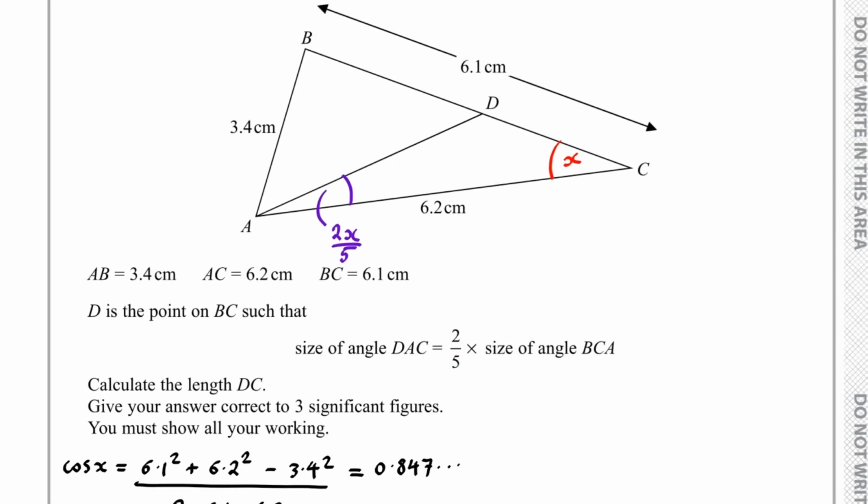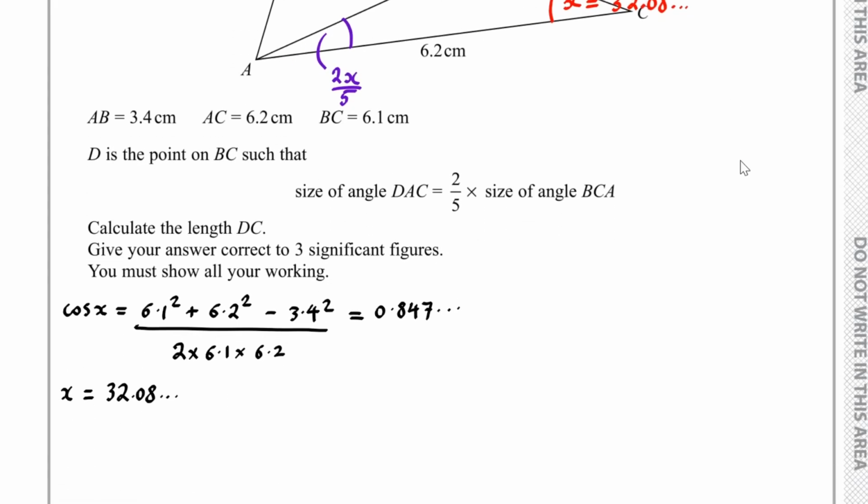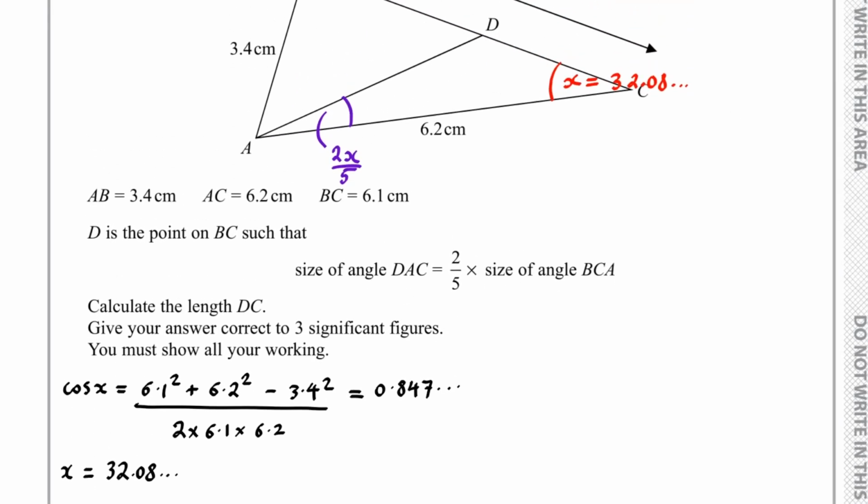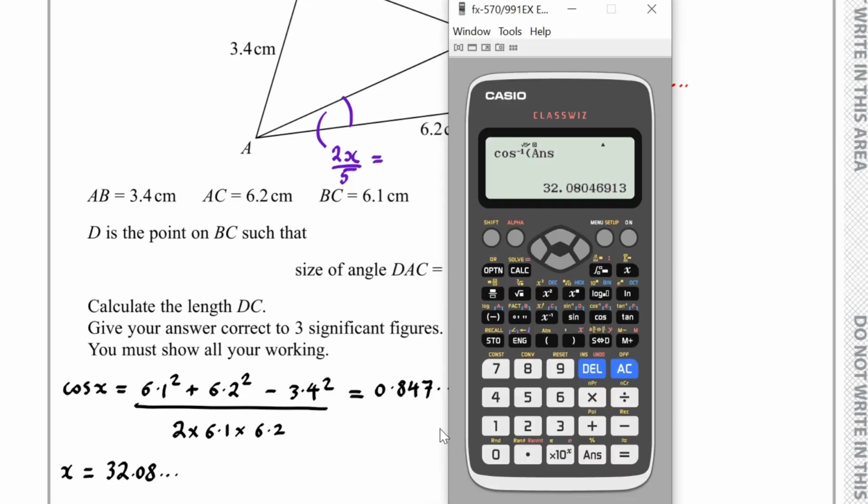So let's just add this to the diagram. This is going to equal 32.08, etc. So this angle over here is going to equal 2/5 of that.